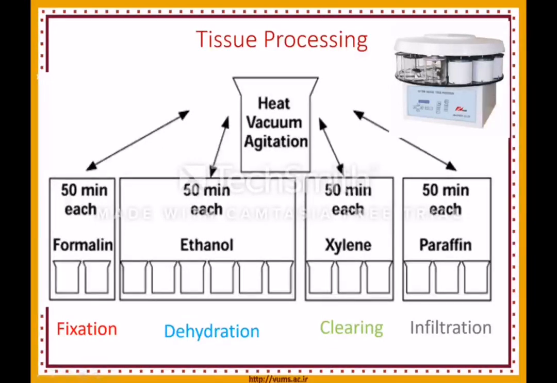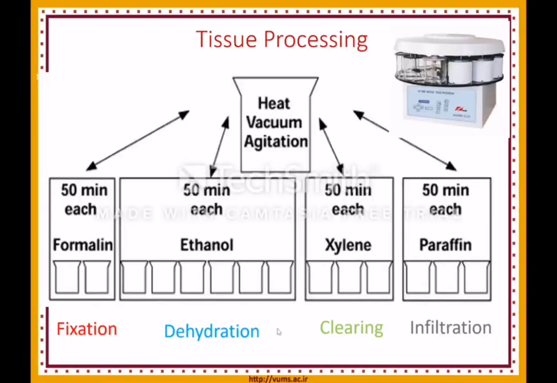At first, the first jar includes formalin. Formalin is a fixative. This step is fixation, where we fix the tissue. We put the basket that includes the different tissues inside this jar. After that, we should remove the water of the cells and tissue.